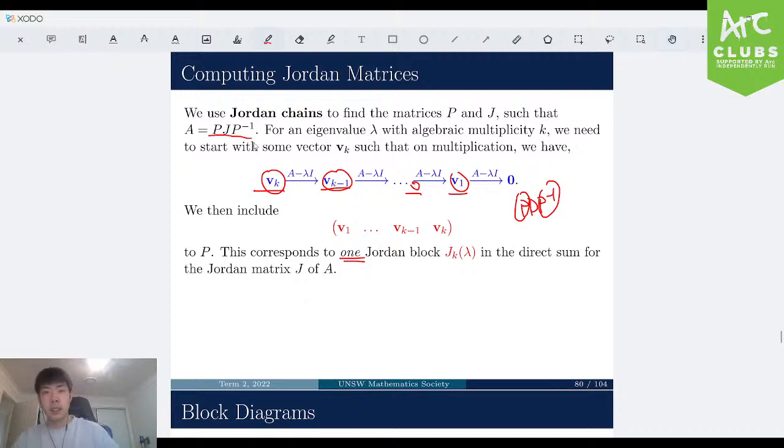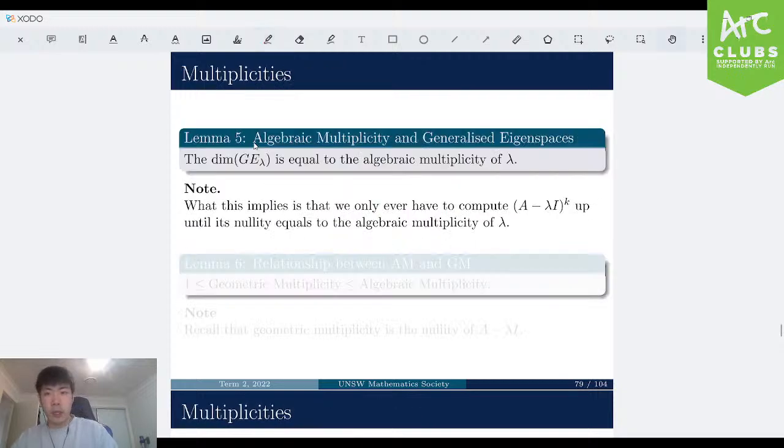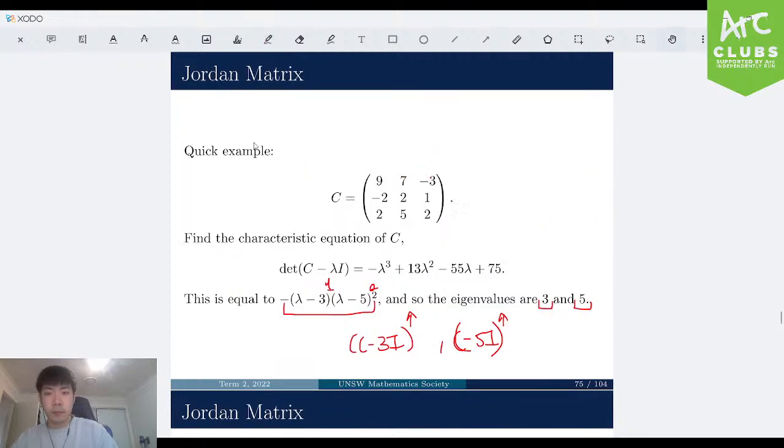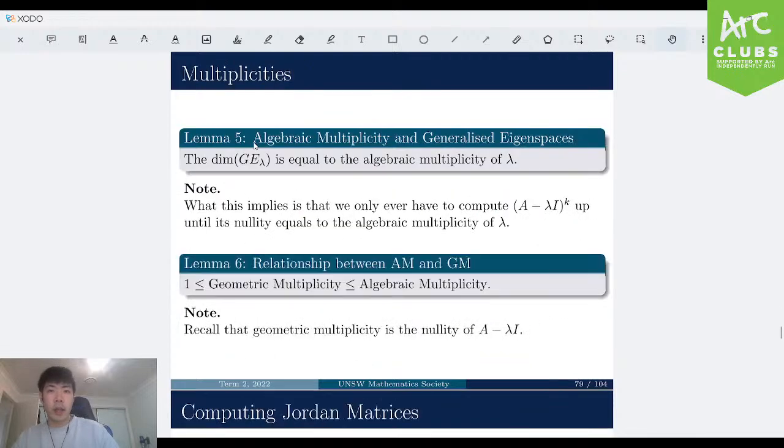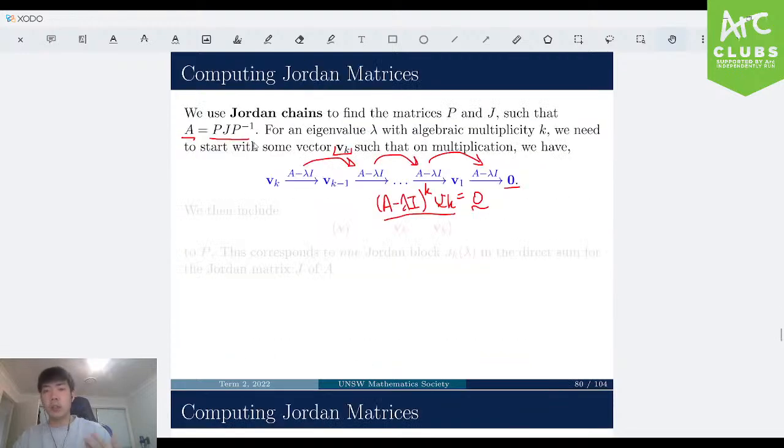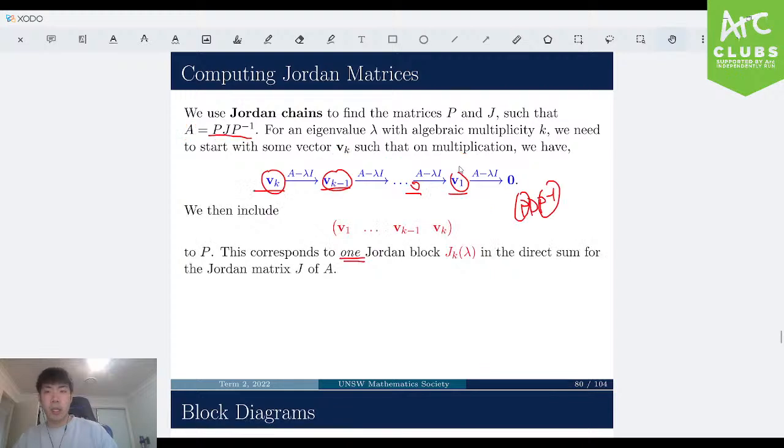Now, why is that? If you recall, even just from our matrix C, it has two different eigenvalues, correct? So just doing this Jordan chain process on one eigenvalue is not conclusive, right? We don't know if our matrix A has any other eigenvalues. If it does, we have to repeat this process and then add that to our collection in P and our Jordan matrix.